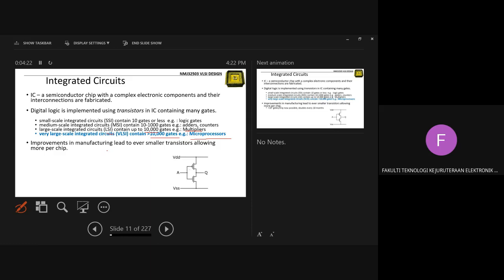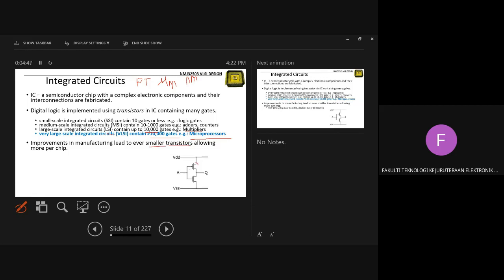So it means that the process technology, PT, stands for process technology. Okay, normally micrometer, nanometer process technology. Okay, nanometer. This process technology actually allows for even smaller transistors.